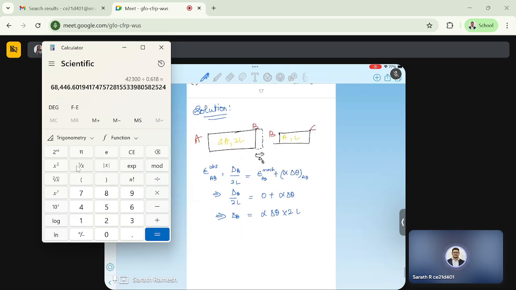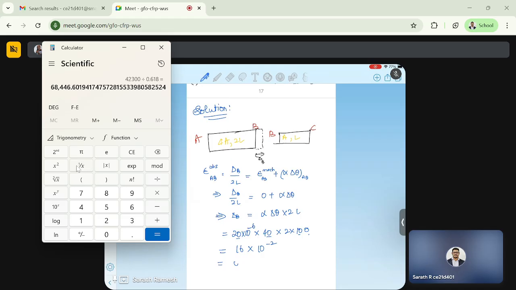Let's substitute everything. Alpha is 20 into 10 power minus 6. Delta theta is 40, into 2 into L, which is 10 centimeter, right? 100. Yeah, 100. So this will be equal to 4 into 10 power 4, 2 4s are 8, 8 2s are 16, 16 into 10 power minus 2.